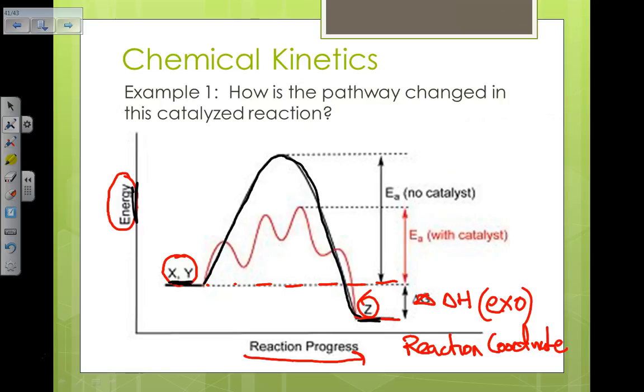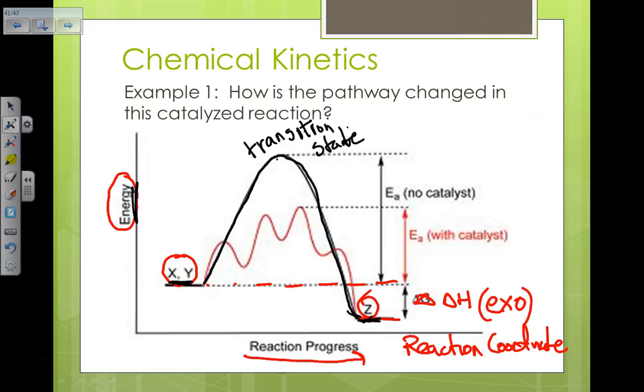This here is showing the transition state. It's going from here, all the way up, it's high energy, and then eventually it'll fall back down and hit this reactant.